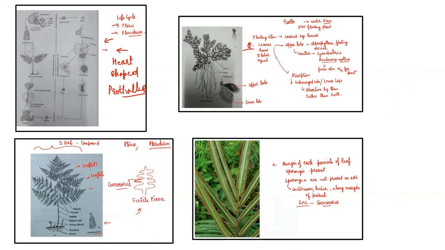The upper lobe is chlorophyllous and floating, and has cavities in which cyanobacteria, Anabaena, are present, and it fixes the atmospheric nitrogen for the plant. The submerged lobe is called the lower lobe, which functions basically as a root. So in Azolla leaves are important.